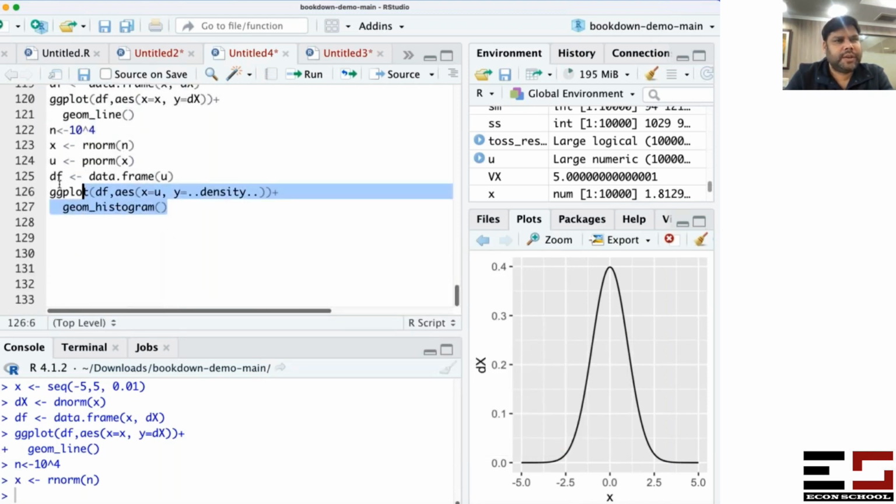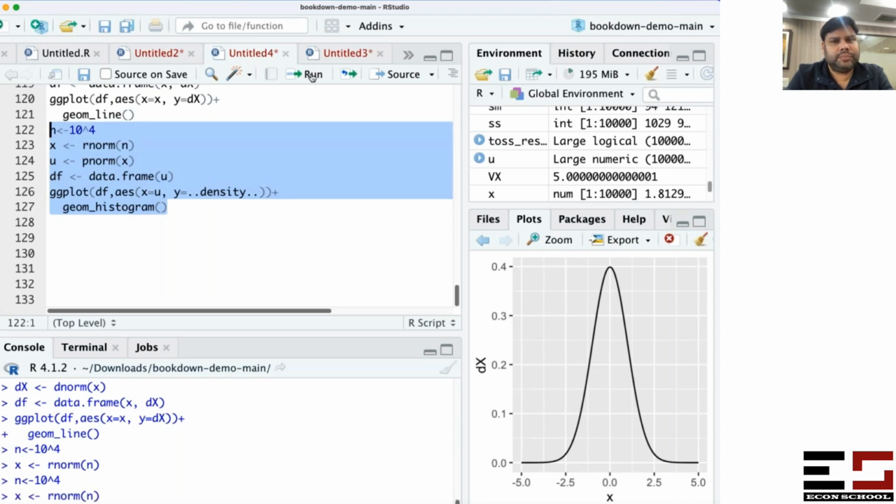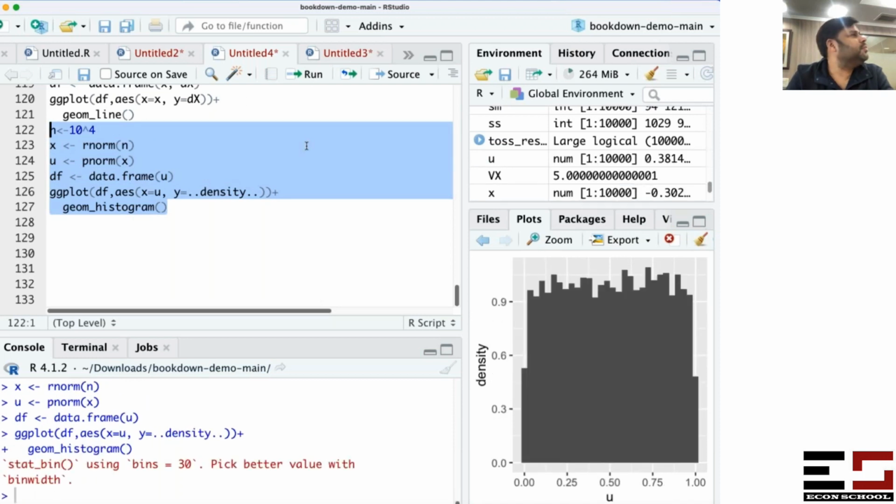Okay, let's run this. See this? You generated random data from the normal distribution, and then you plugged those values into the CDF of the normal distribution, and you got 10,000 observations from the uniform 0, 1 distribution.